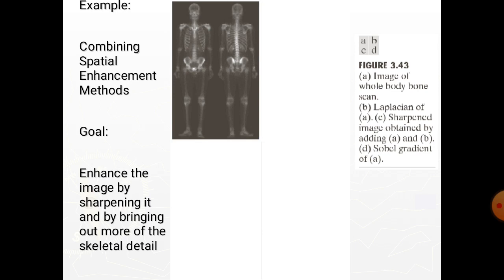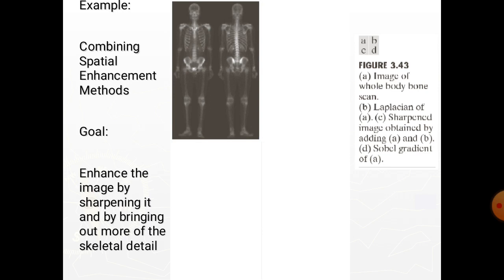Frequently a given task will require application of several complementary techniques in order to achieve an acceptable result. In this section we illustrate by means of an example how to combine several of the approaches developed thus far in this chapter with the image enhancement task.